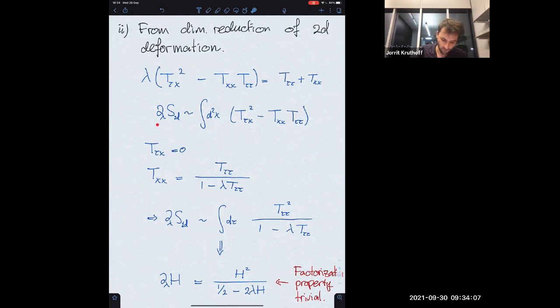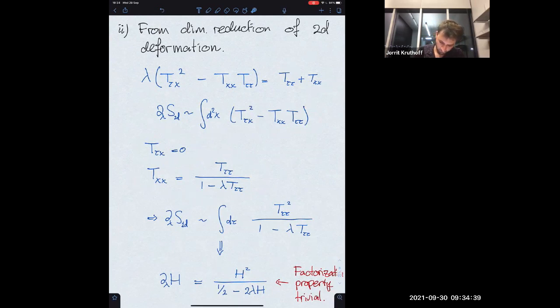And so the 2D deformation has this particular form. And now let's consider setting T tau x to 0 in the 2D case. And then we're going to use this equation with T tau x to be 0 and solve for Txx. So let's solve for Txx, and we get an equation that looks like this.